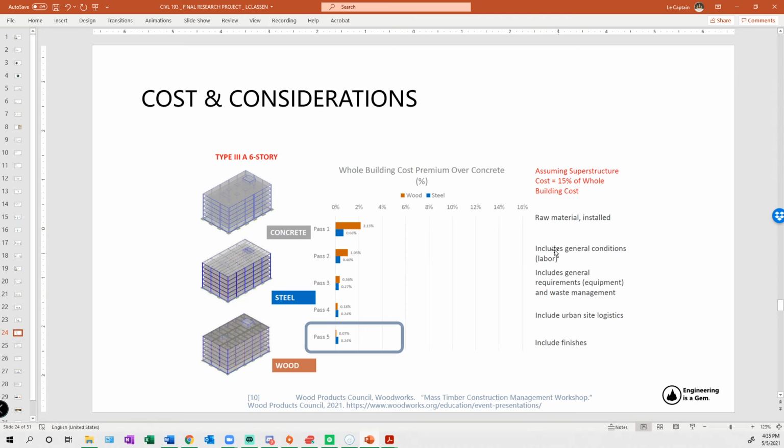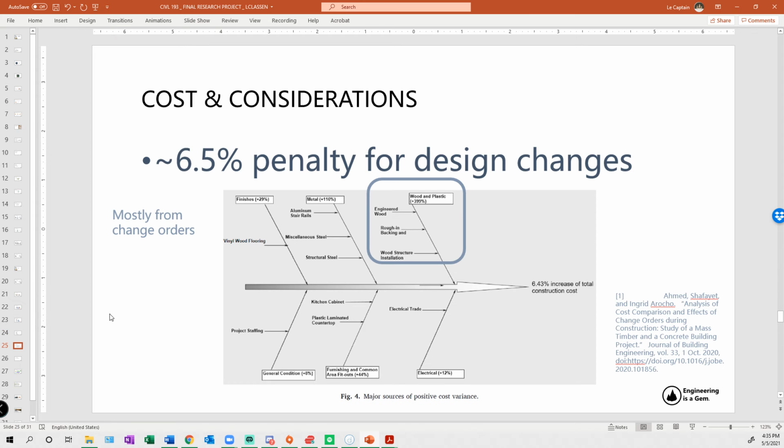And that's usually because they're only looking at the raw material and the install costs. If you were to go through several passes, which include other factors such as general conditions or urban site logistics, because, you know, if you just get a truck, it comes, it drops stuff off, you pick it off in an hour, it's much easier than you have to lay out massive amounts of room for steel. And then the fact that the timber could also serve as its own finish, the cost comparison is minor to negligible, meaning that this is a viable material for future work.